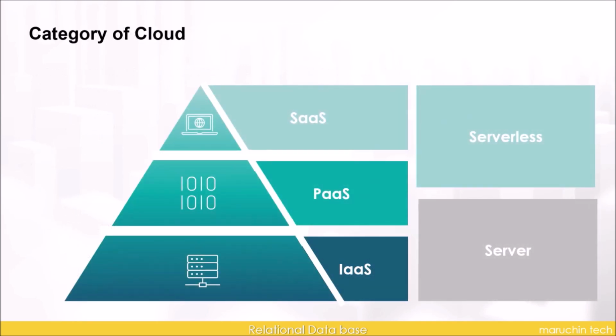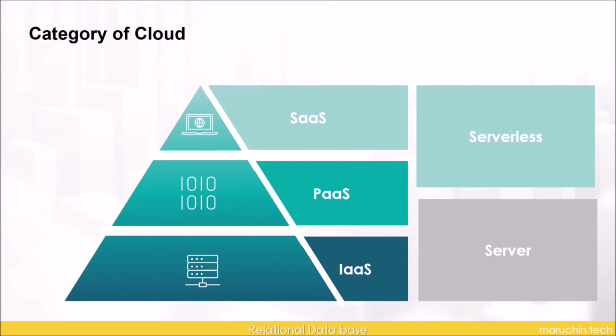Before introducing the database services, let's review the concept of SaaS, PaaS, IaaS, and serverless. There are three main types of cloud services: SaaS, which provides only the application layer with the cloud service provider managing the layers below it, PaaS, which provides the layer above the platform layer, and IaaS, which provides a layer above the infrastructure layer.